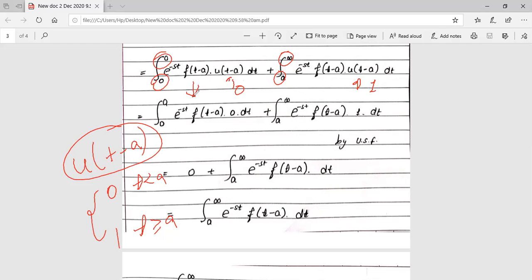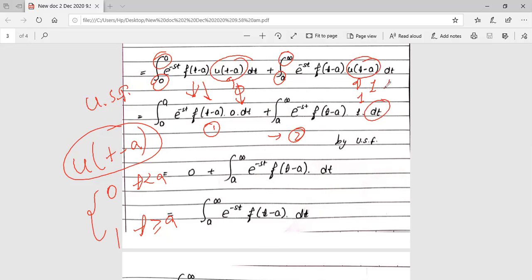It is integration over 0 to a of e to the power minus st f of t minus a as it is, and this whole term becomes 0 according to the unit step function formula. And the second term is integration over a to infinity of e to the power minus st f of t minus a, into this whole term we take 1, into dt.